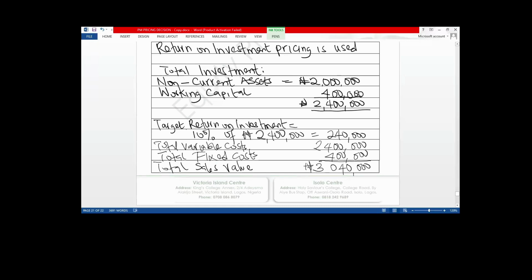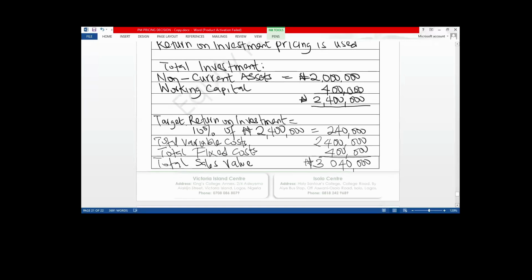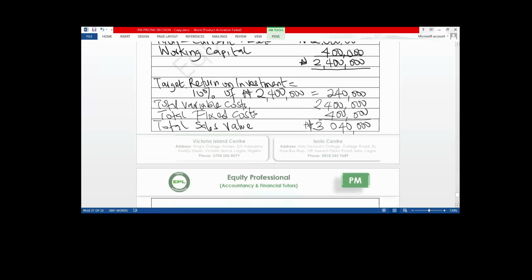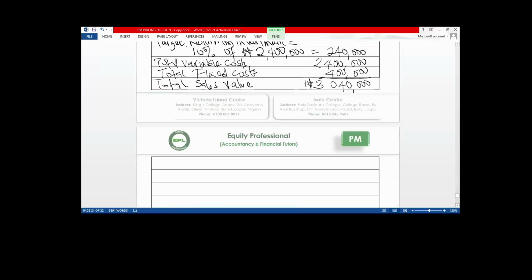Then you can now calculate selling price per unit. Price per unit is equal to the total sales value you have there, 3,040,000, divided by 40,000 units.